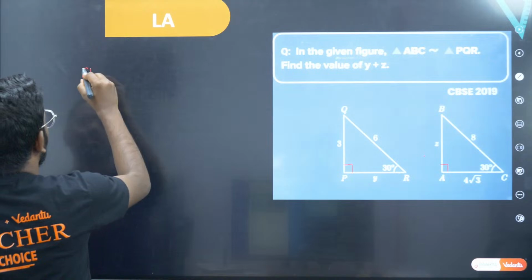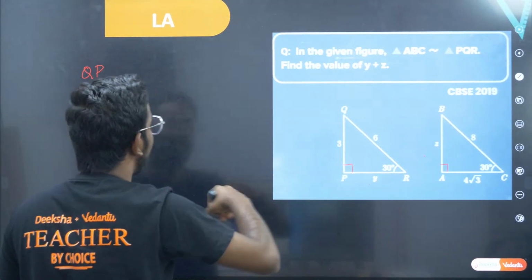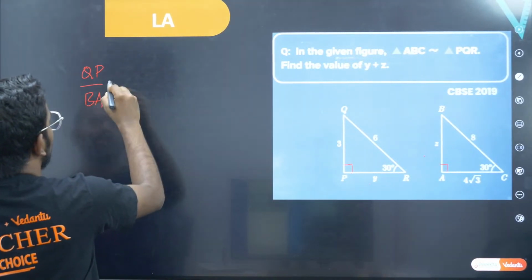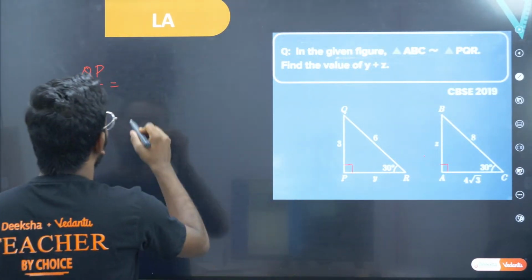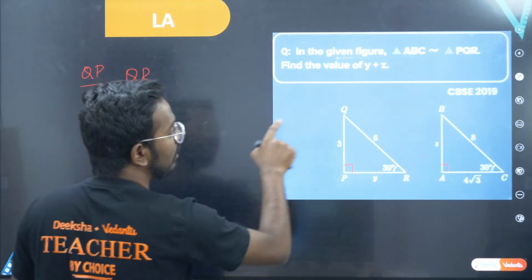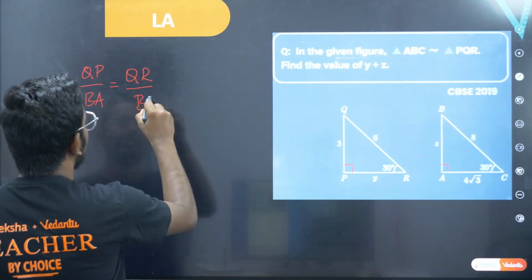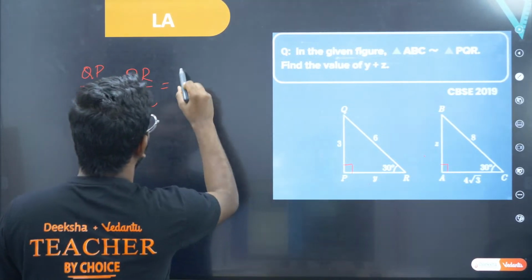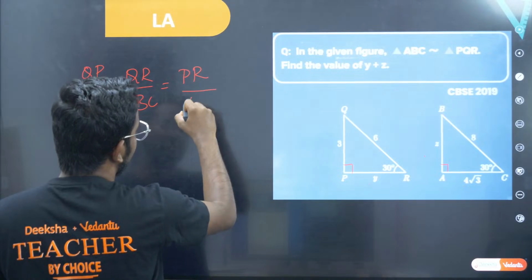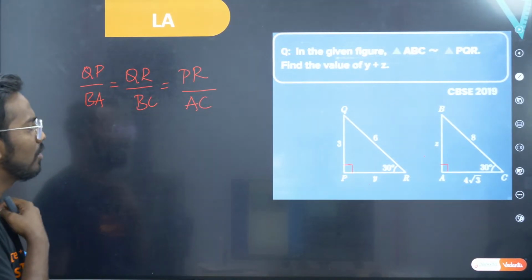QP by BA is equal to QR by BC is equal to PR by AC. Very simple question again. So now how do you solve this?